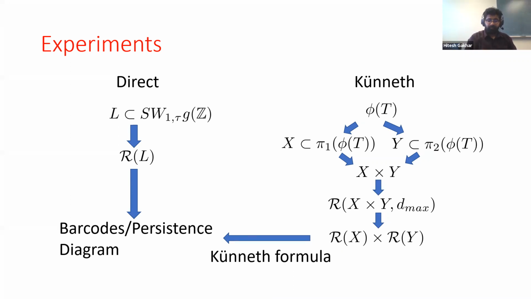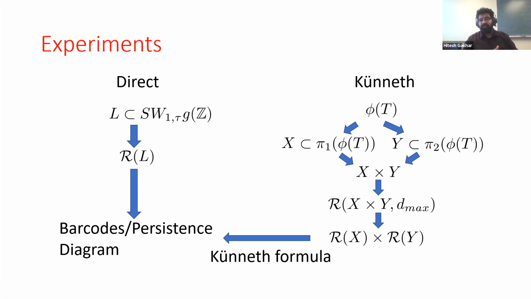Now, by the first observation, the Rips filtration of this product metric space was the same as the product of the Rips filtrations, the categorical product. And this is exactly what we work with. This is our jam.